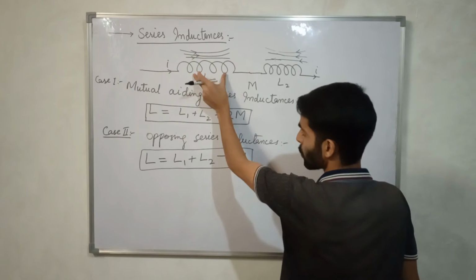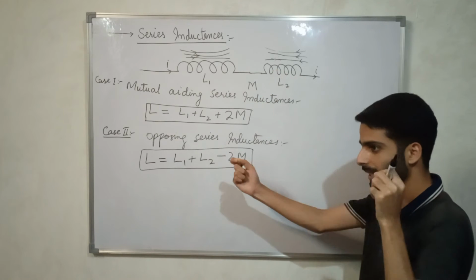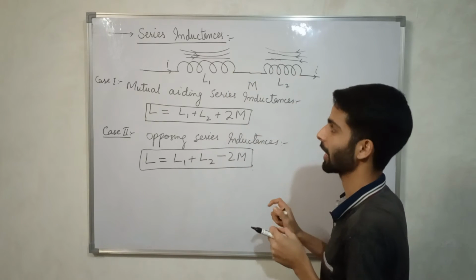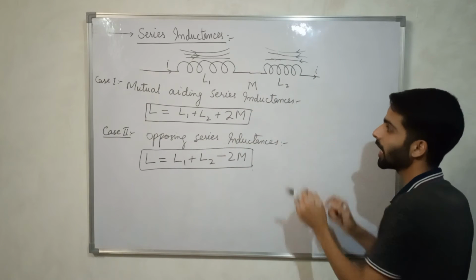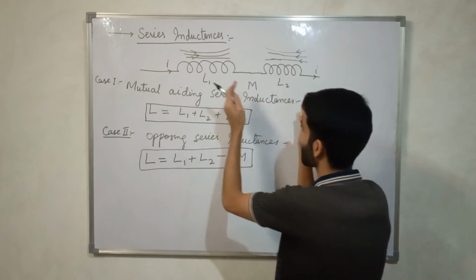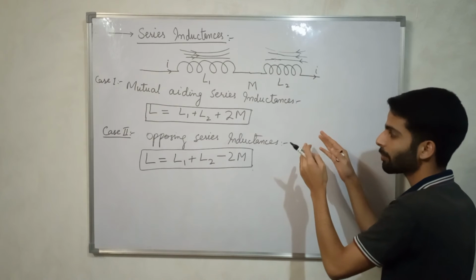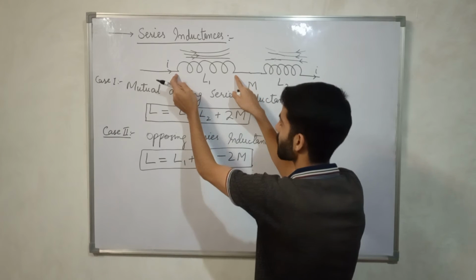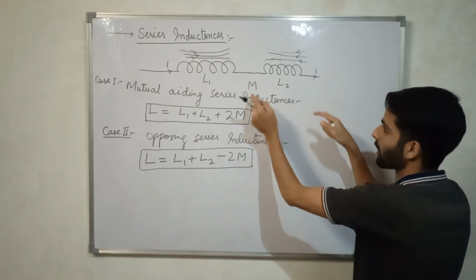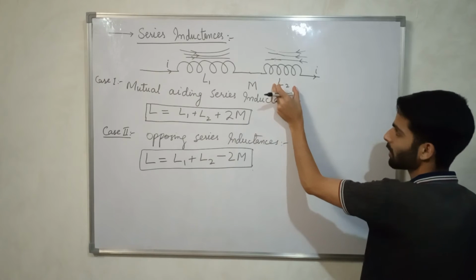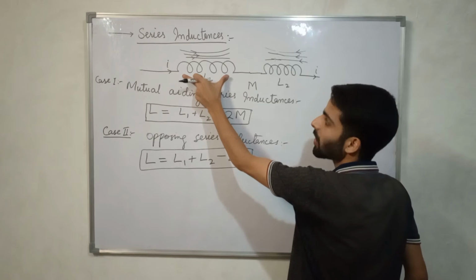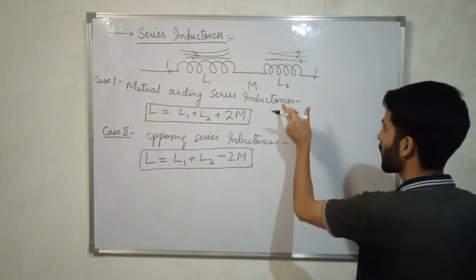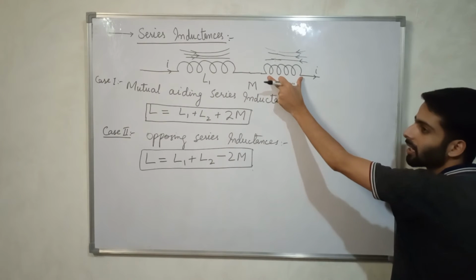It could be that those two inductances don't have the same length, although they may have the same cross sectional area, but they may not have the same length. If this one is longer and this one is shorter, this means that the inductance of this one will be different to that of this one. This one is L1 and this one is L2. Accordingly, the voltage drop across this one will be different, and the voltage drop across this one will be different.